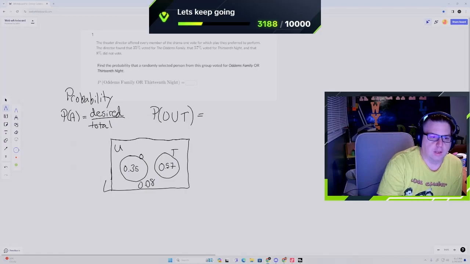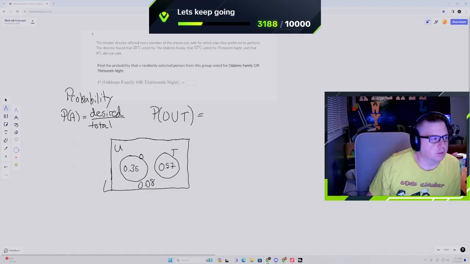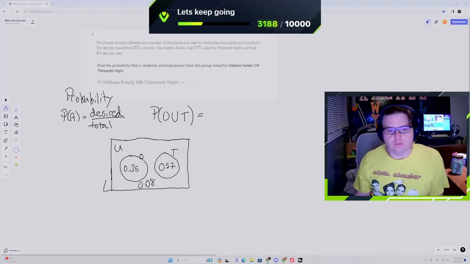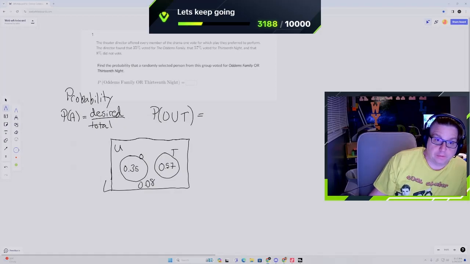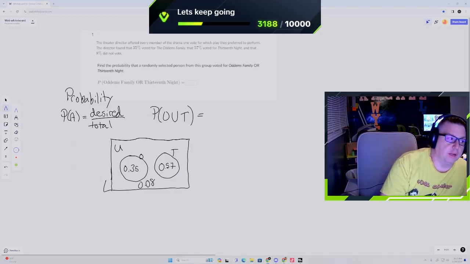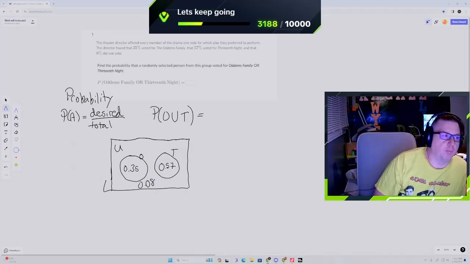So when we put all this together, anytime you talk percentages, when you add them all together, it should come out to be 100%. Okay? So with that, we're going to introduce what we call mutually exclusive. And what that means is there's no overlap. Either you're going to vote for one or the other, but you cannot vote for both.